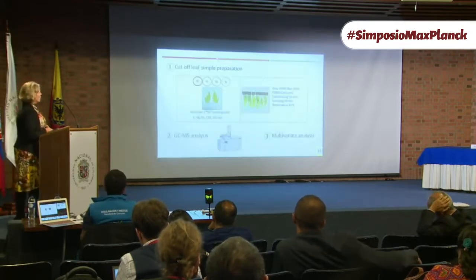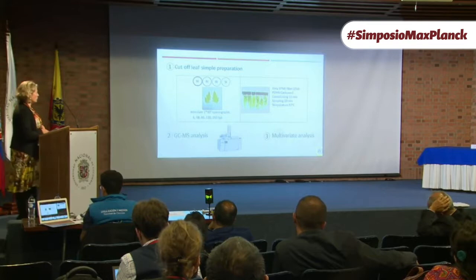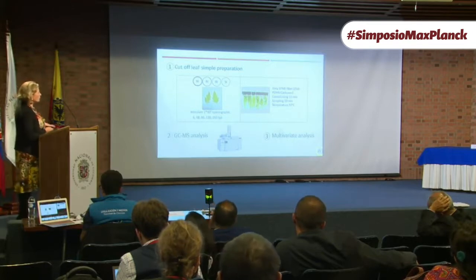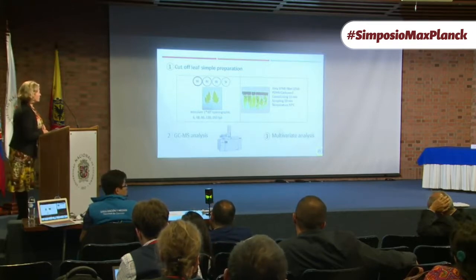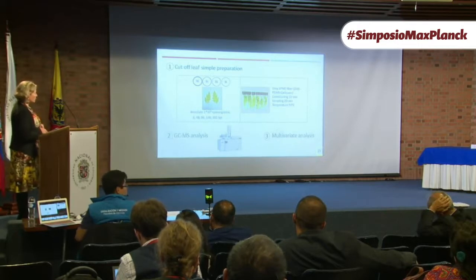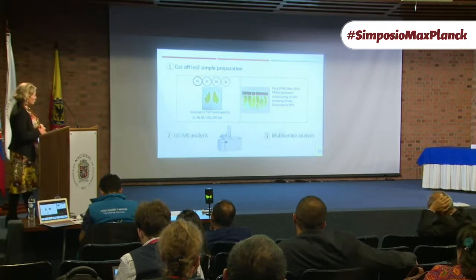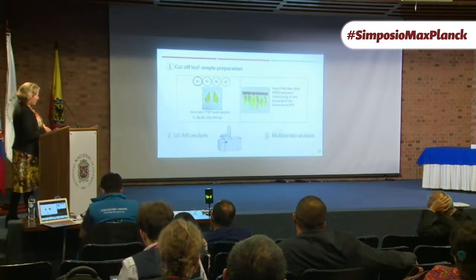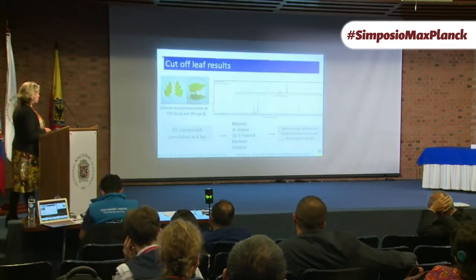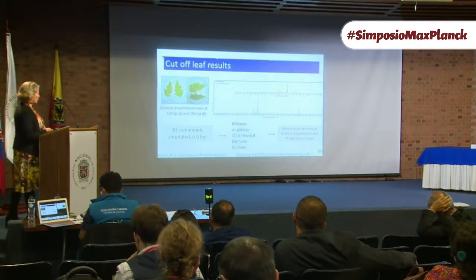So we went on to see if something wasn't working in the in vivo experiment. We tried the same experiment on the cut-off leaf. So we simply cut off the leaf and then did the same procedure on the leaves. But again, it was difficult. We had infection, so we could see that the infection was going on.